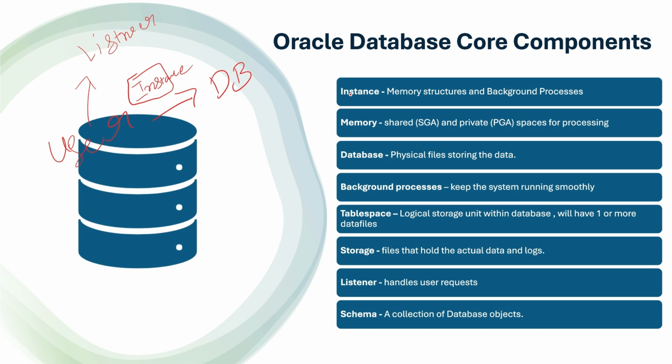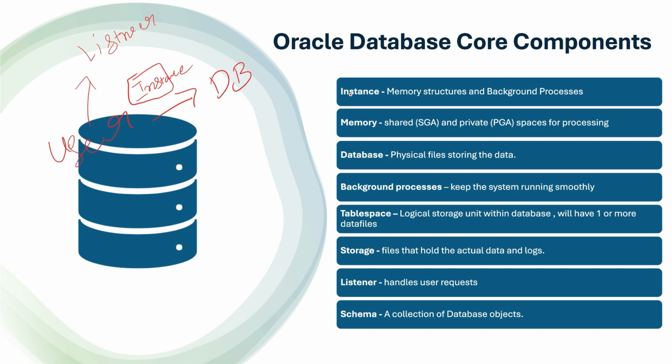The listener will basically have a database name, DB ID, IP address, host name, and the port number. Those are the pieces of information the listener will have. It will validate whether this user is trying to connect to the right instance or not. If not, it will show some error, a fatal error, that the access is not there or something. So that is the listener usage.